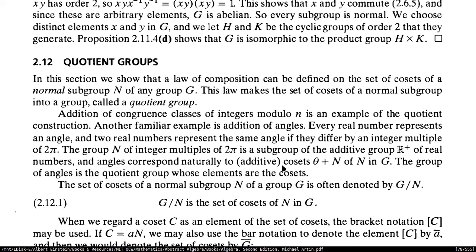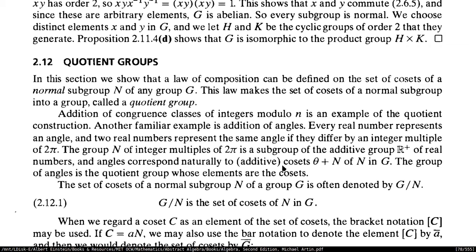So yeah, they also give the example of angles, right? Every real number represents an angle, and two real numbers represent the same angle if they differ by an integer multiple of 2 pi.